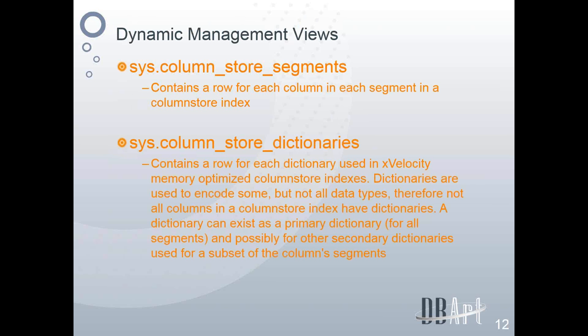Now let's look at the data dictionary. We have two dynamic management views. One, sys.column_store_segments, contains a row for each column in each segment. Another one, sys.column_store_dictionaries, contains a row for each dictionary. What is a dictionary? Later.